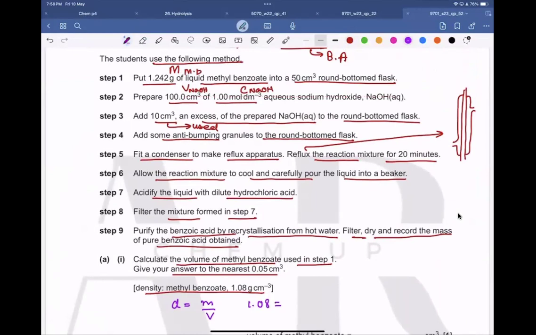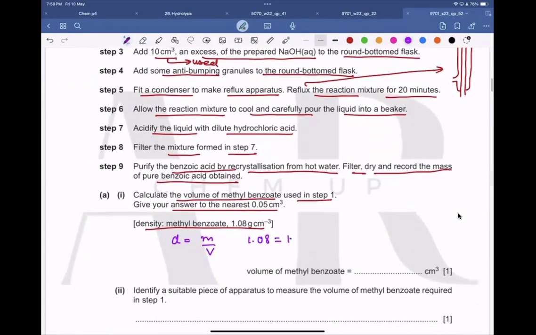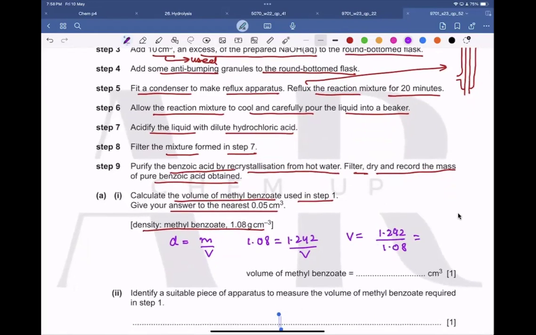So the mass of methyl benzoate is 1.242, and there is a volume. So volume is equal to 1.242 over 1.08. Can anyone calculate it and tell me the answer? Okay, thank you, Hussein. So it's going to be 1.15 cm³. Is this understandable to all of you?